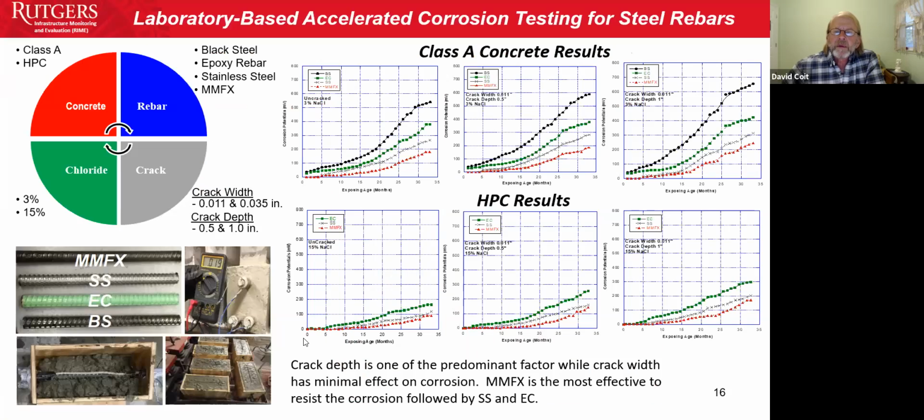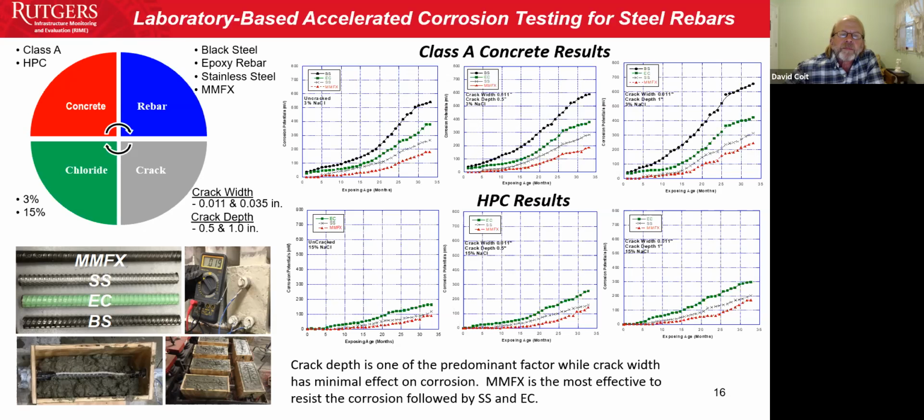So now we have lots of data. At 33 months, we see on the top the Class A concrete, and on the bottom, high performance concrete. The way this graph is, this is just a fraction of the data. The top is all the 3% chloride, so the lowest level.